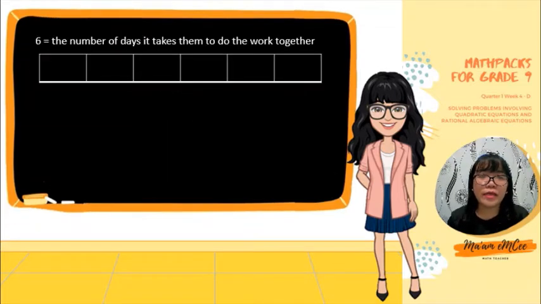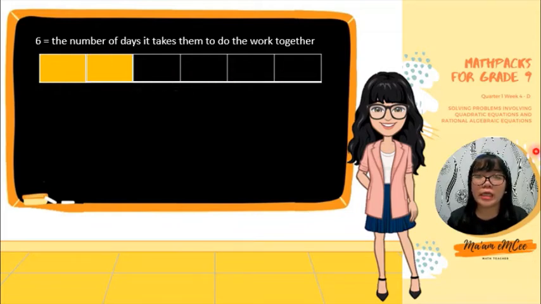Then 6 days, again, is the number of days it takes them to do the work together. So we have here again the representation. This is the total work that they will be finishing within 6 days. By the end of the first day, they will be finishing 1/6 of the work. During the second day, they will be finishing 2/6, or 1/3 of the work.